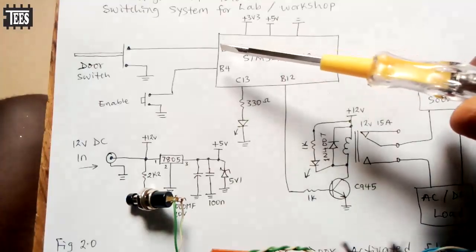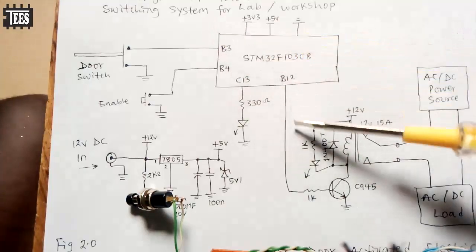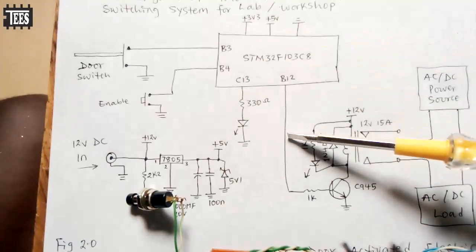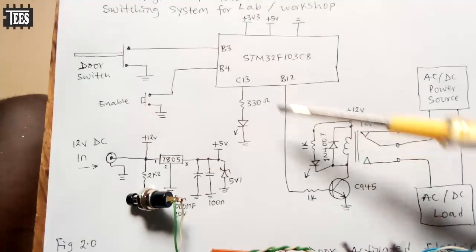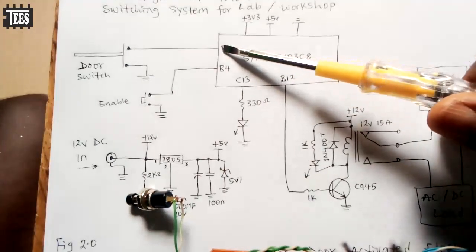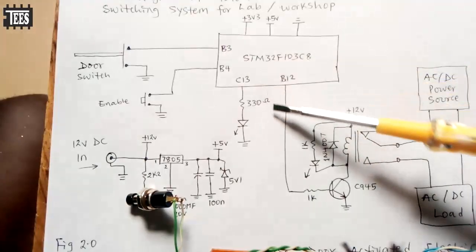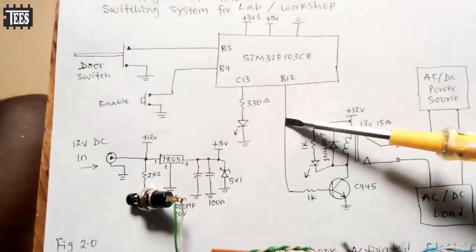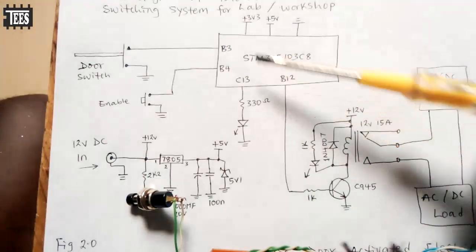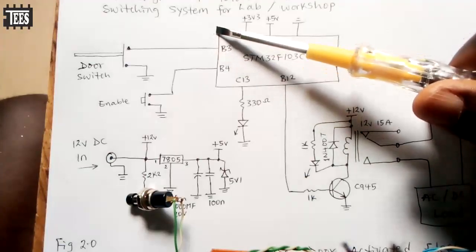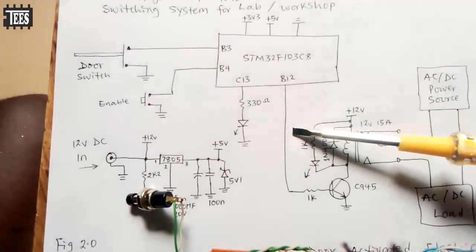So the moment this pin goes back to logic 1, this output here will be logic 1. But as long as this one remains on logic 0, this pin here will be on logic 0 as well. So once this pin is on logic 1, this pin will also be on logic 1. You understand?